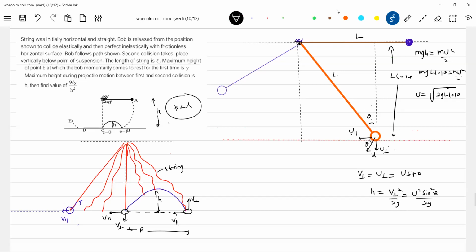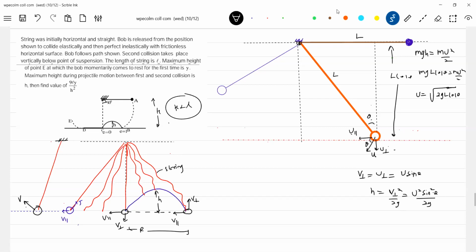I think I'll give one more diagram. Here only let me give it. There will be one component, let me call that V. The other component will be nullified due to that impulse in the string.